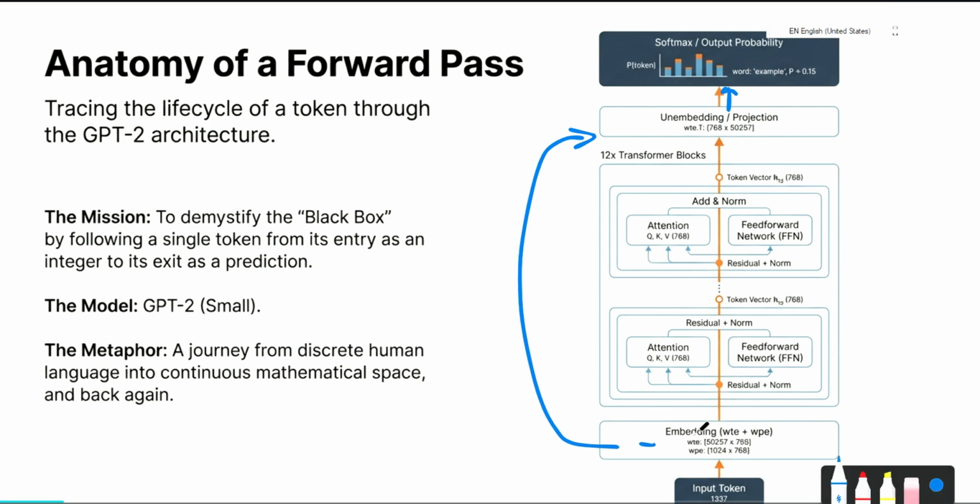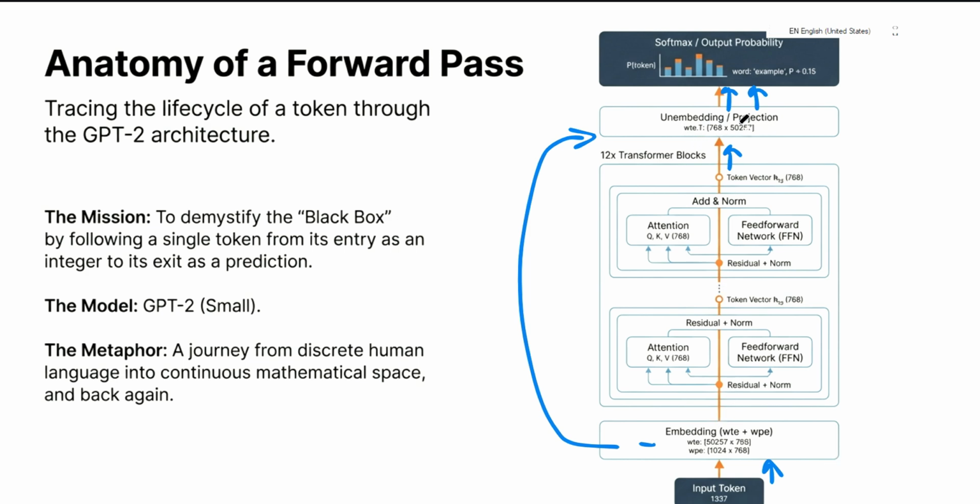When you multiply input with the weight embedding, you get an embedding, and when you transpose this matrix, you get an unembedding. When you multiply the output you get from the forward pass with this unembedding, you get a token. So you give a token in, and you get a token out by multiplying with the transpose of this matrix. That is the basic idea here.